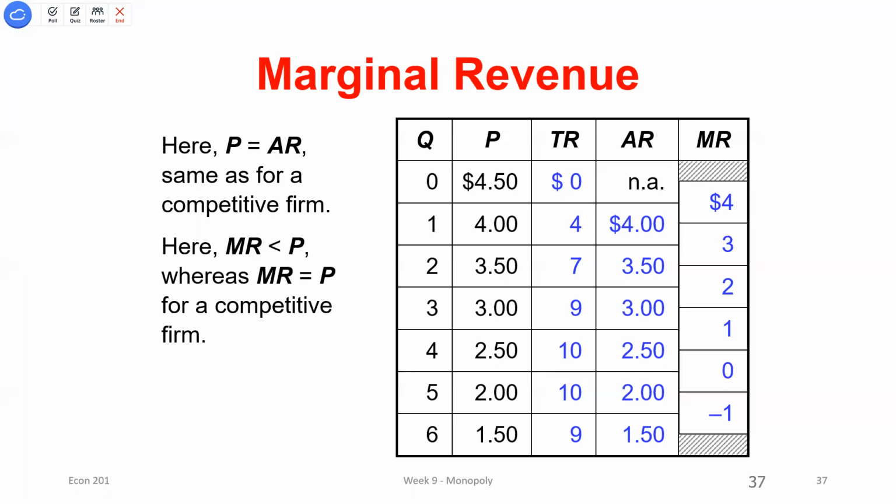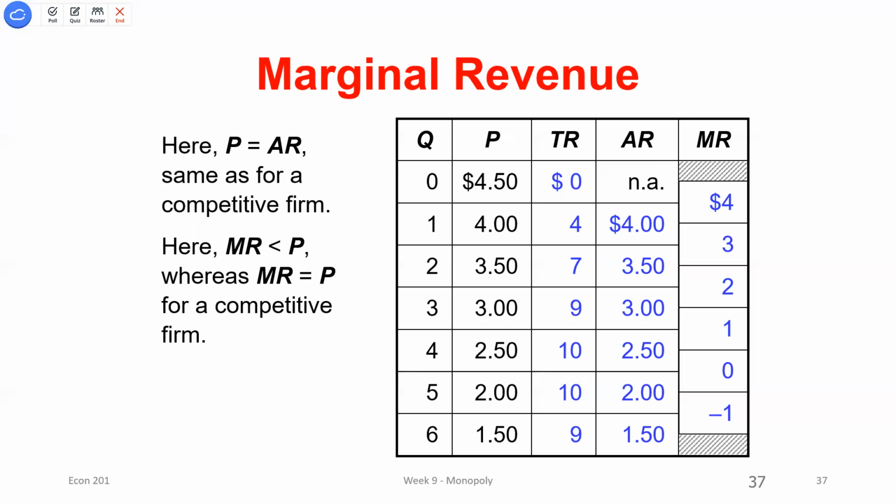Let's say that first column changed to 0, 10, 20, 30, 40. Then I'm earning an additional $4 going from 0 to 10, but that was $4 spread over 10 units, so the marginal revenue would be 4 over 10. Here I just kept it nice and easy with quantity jumps of 1.